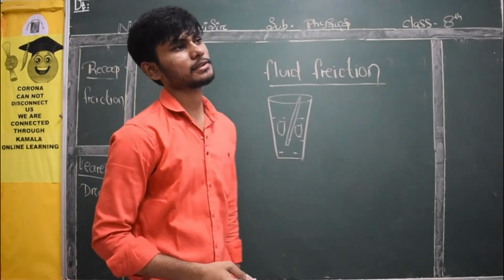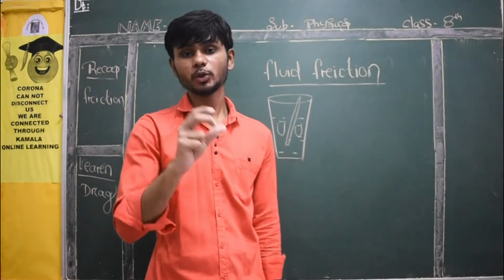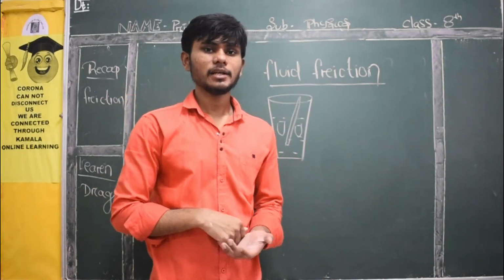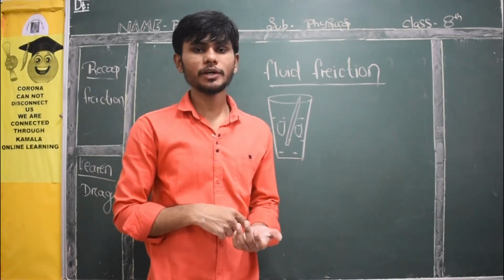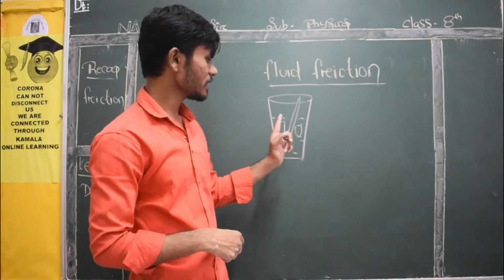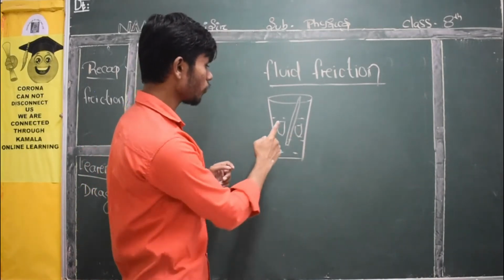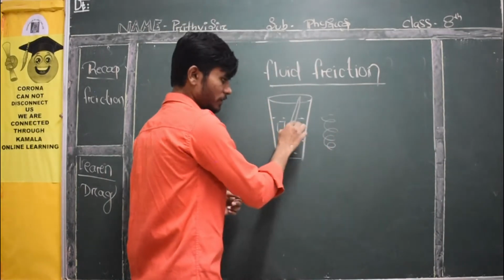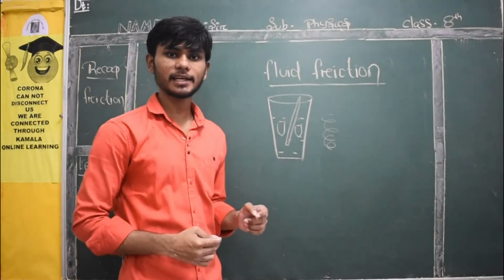Suppose in a glass you have placed some sugar cubes and you try to stir it. When you stir continuously, you can observe them moving so fast. You can see a whirlpool, a tornado shape, inside the glass, right?